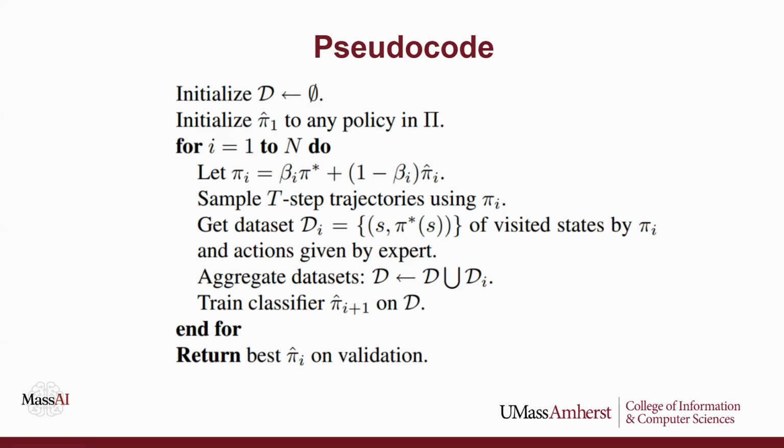And after that, you collect the data set, which is basically the pairs of the questions and the answers. Then you combine that into the data set, and you train the new policy on that new data set. After that, you have an evaluation, which I believe is covered in the reinforcement learning lectures.